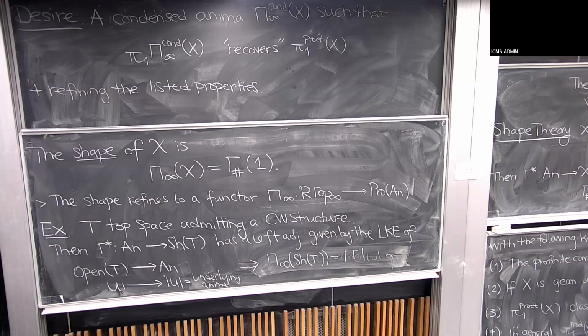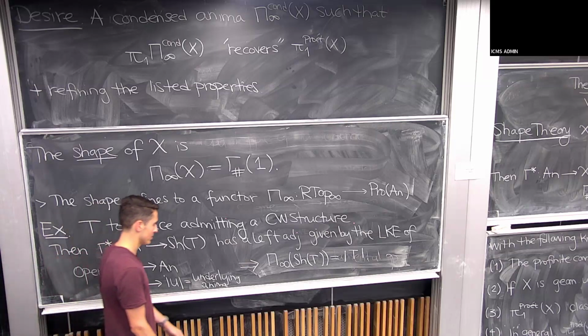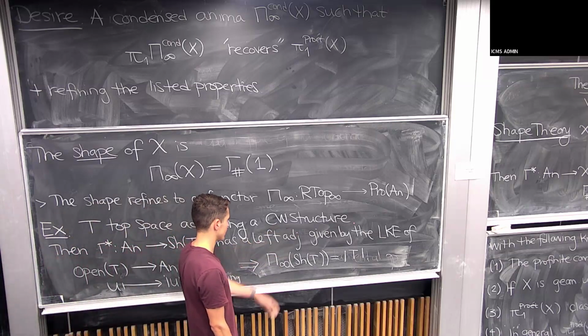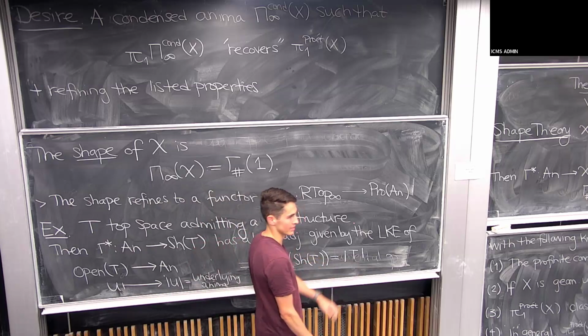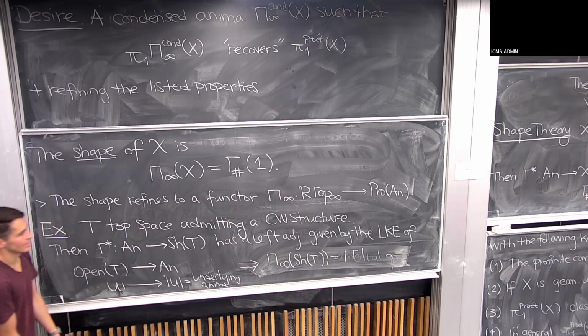Okay. So the point here is that even though this definition is very abstract, in some reasonable situation, like for a reasonable topological space, this abstract definition recovers something nice. But it makes sense now for any infinity topos.